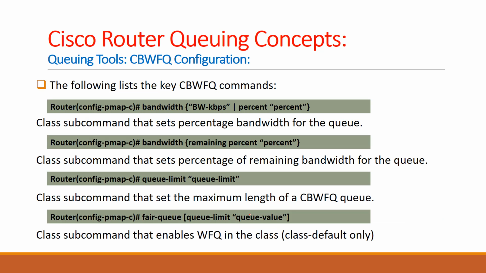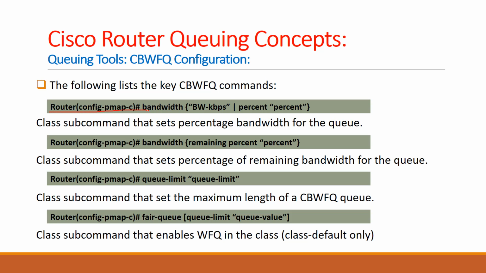So for the class-based weighted fair queuing configuration, we use the following commands. Actually, you have only 3 or 4 commands, but mainly we use the first and the second. And for the class default, we can use the last one. So what are the commands?